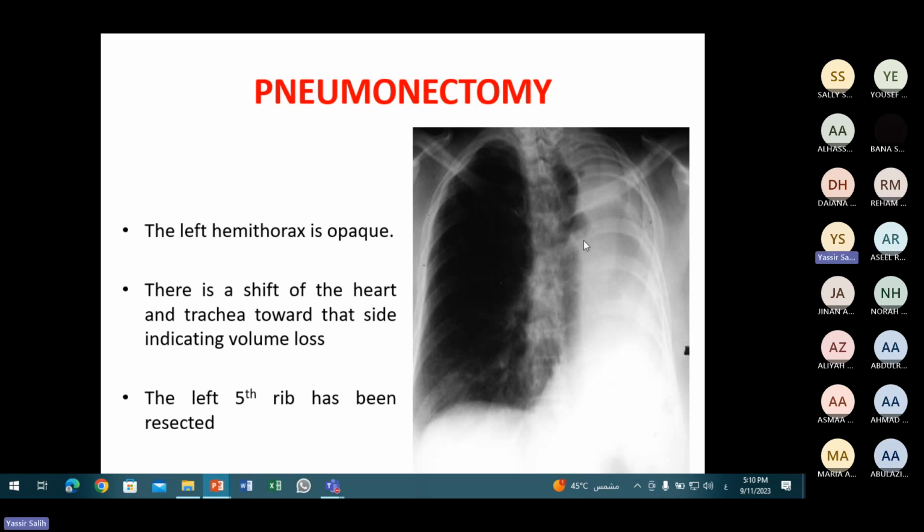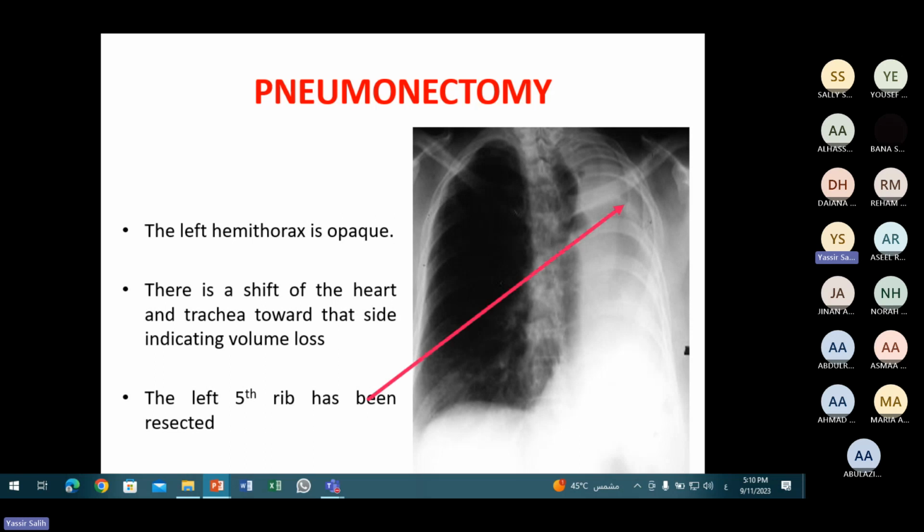This surgery is done by resection of the ribs, the posterior rib. So this fifth rib is absent or not seen because it is resected to perform the surgery to remove the lung. So this case is pneumonectomy.